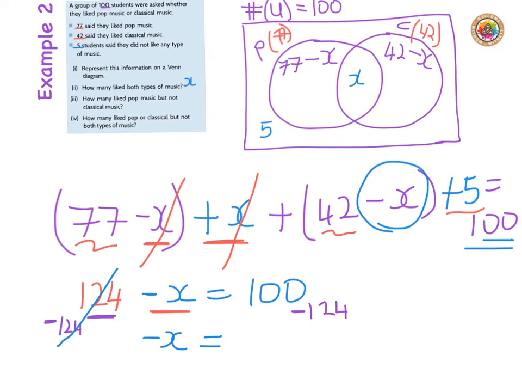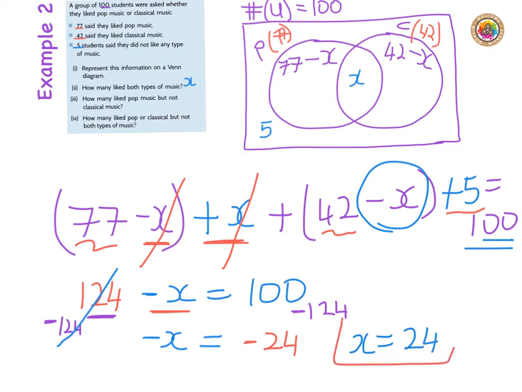And here, 100 take away 124 is going to give me minus 24. If minus x is equal to minus 24, then x has to be equal to 24 itself. Okay?